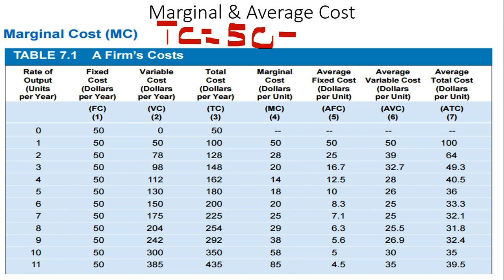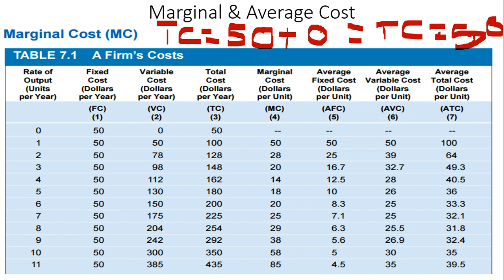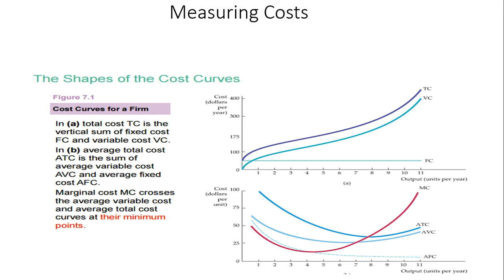So 50 plus the variable cost is 0, but at the end of the day, total cost is equal to 50. So what you should know is that the graph for total cost will start at the point where output is 0. Why? Because even if we're not producing anything, we're supposed to pay the fixed cost.